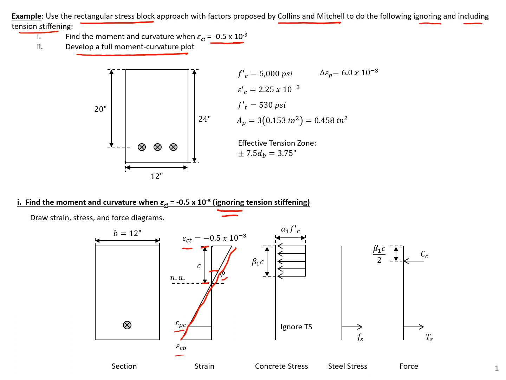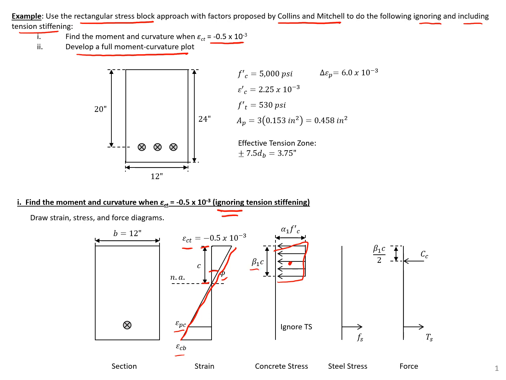The rectangular stress block in general takes our non-linear strain stress profile for our concrete, and it approximates it as a rectangular stress distribution. So the area of this stress distribution and the centroid of this stress distribution are approximately equal to the area and the centroid of the actual stress distribution for our concrete.